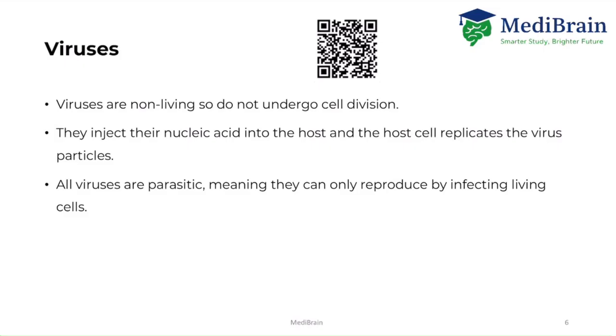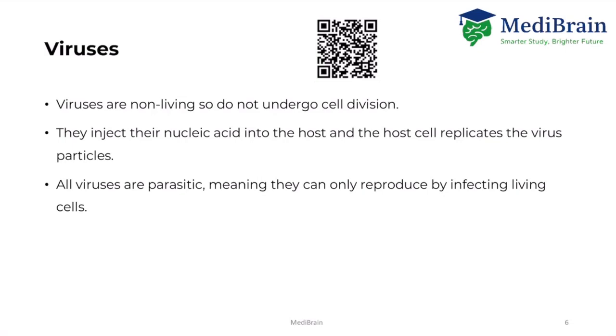Okay, and that's basically the only way that they can reproduce. If you've got one single virus particle, it won't really reproduce by itself. It can only reproduce once it's infected a body cell and entered the body cell. It will use the proteins that the body cell normally makes to replicate itself. That's how viruses replicate. Okay, they don't use any other means. They literally have to be present within your body.